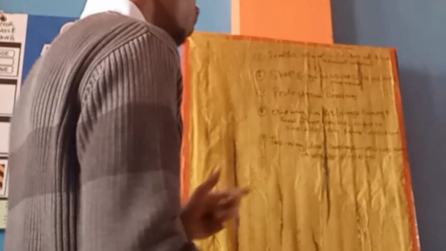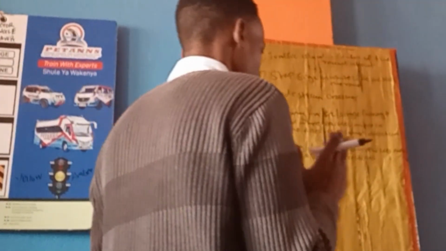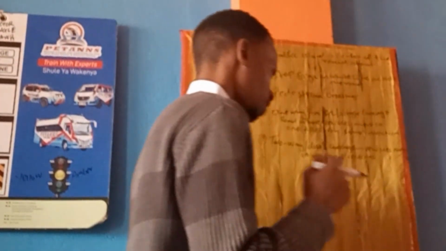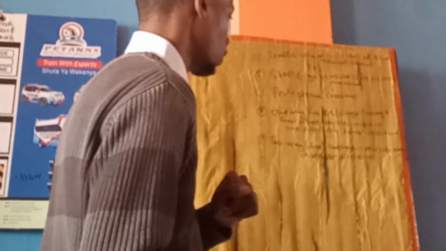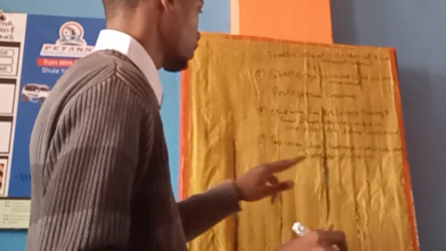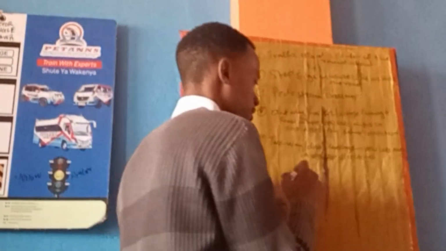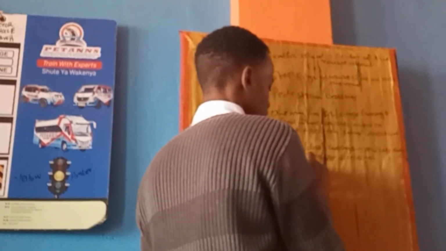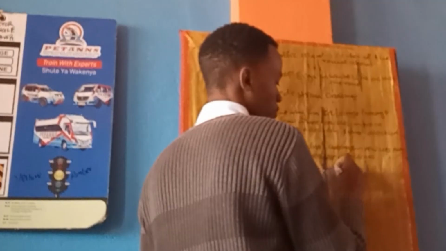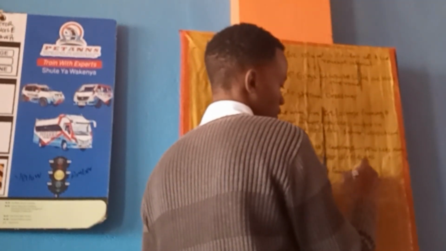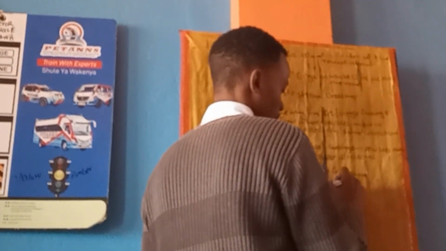So how do you know that one road is one way and another is two ways, or dual lines? Hapa chini we talk about the white lines, where we have continuous and broken.